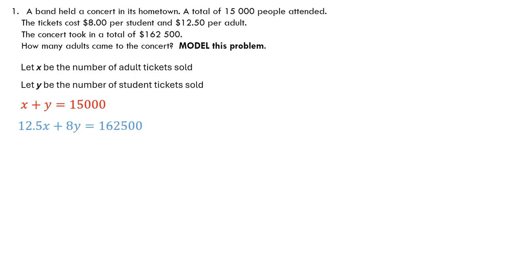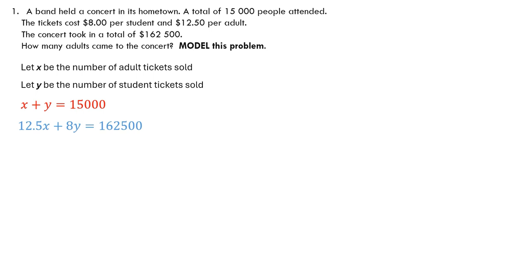We also know that 12.5 times X represents the total amount of adult ticket sales, and that 8 times Y represents the total amount of student ticket sales. We also know that the total amount of ticket sales was $162,500. So we can say 12.5x plus 8y equals $162,500.